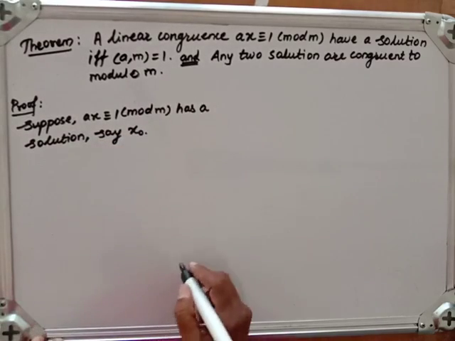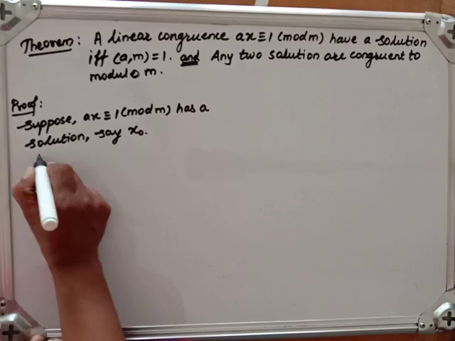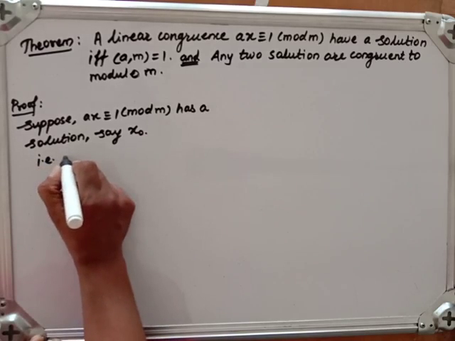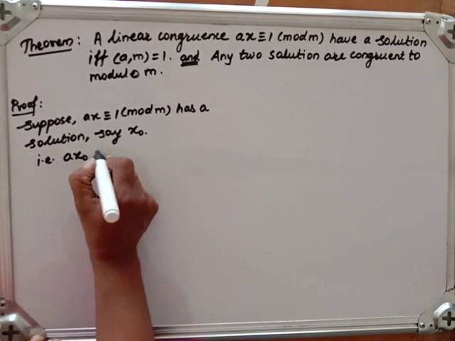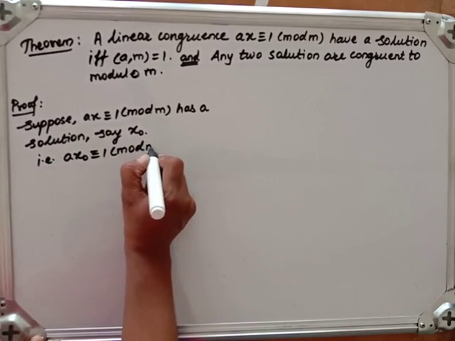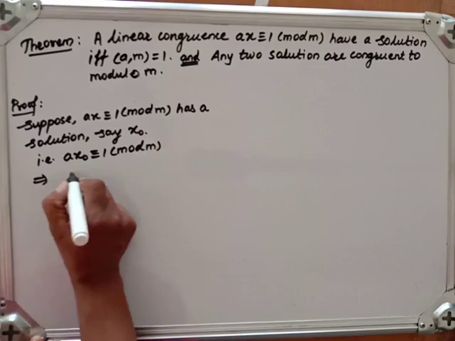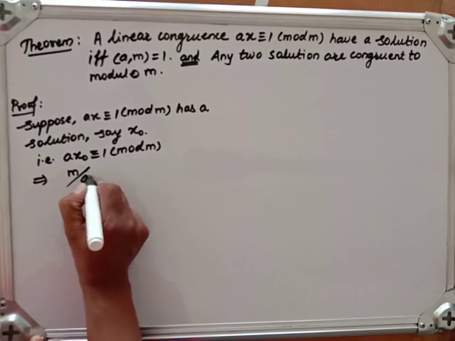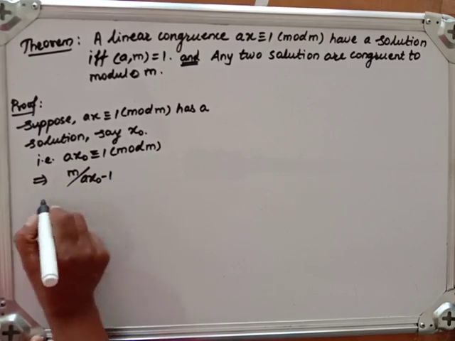So A x naught congruent to 1 modulo m gives m divides A x naught minus 1.